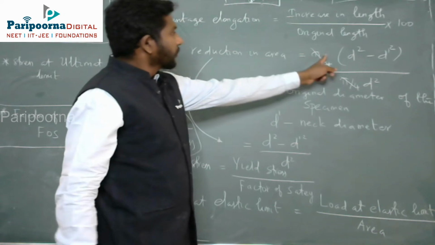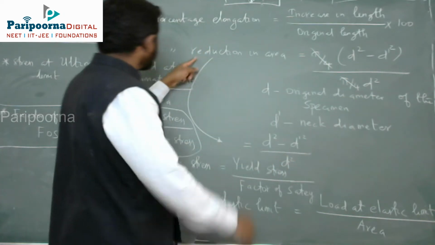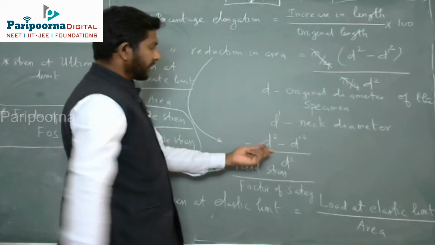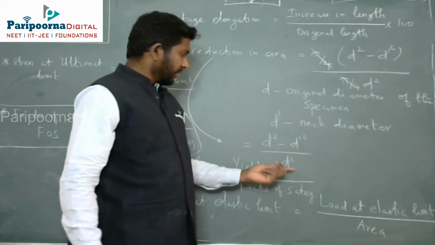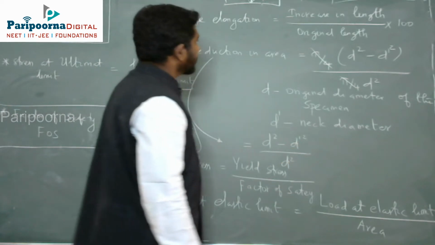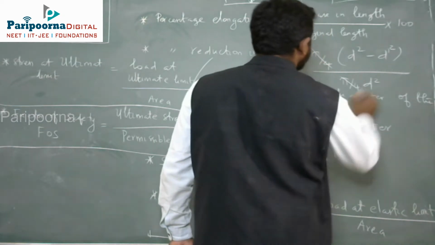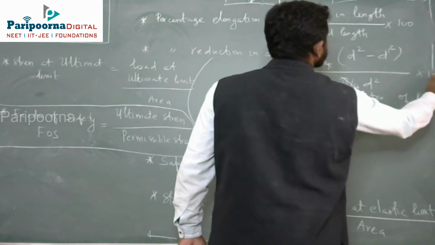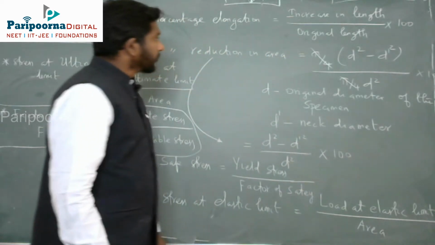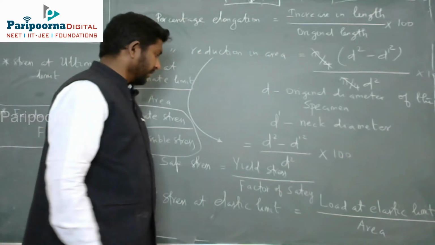So now you can cancel the pi by 4 value. So the percentage reduction formula is d square minus d dash square divided by d square, times 100. Percentage reduction in area, right?